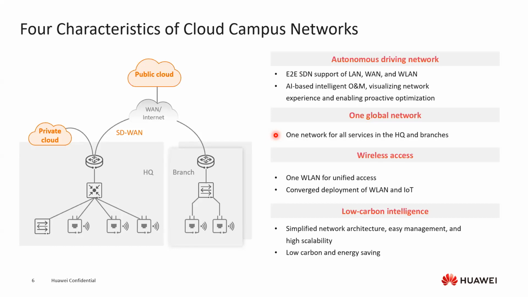So in the wireless access, the critical factors for ensuring an optimal access experience of wireless users, such as their roaming experience, include WLAN networking, AP deployment, access point model selection, air interface technologies, etc. A CloudCampus network needs to have a WLAN network on which continuous Wi-Fi signal coverage is provided to meet the users' mobility requirement, because we see that now all the users, even in the offices, normally instead of calling using the GSM network, are using voice over LTE, or even IP calling is more common in offices these days.